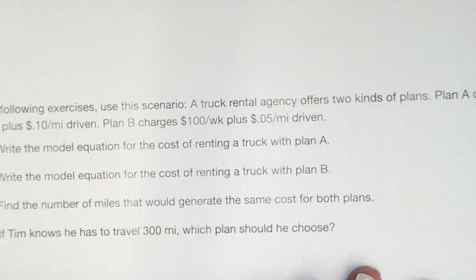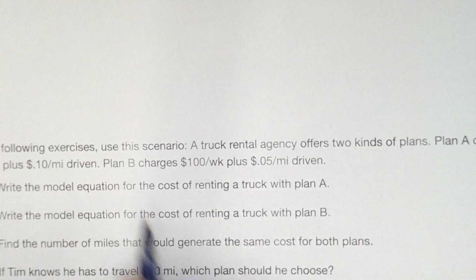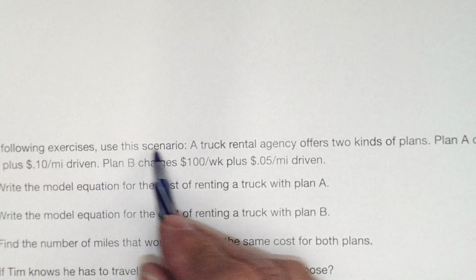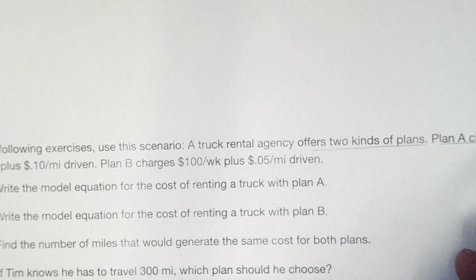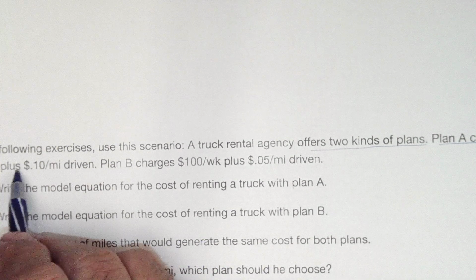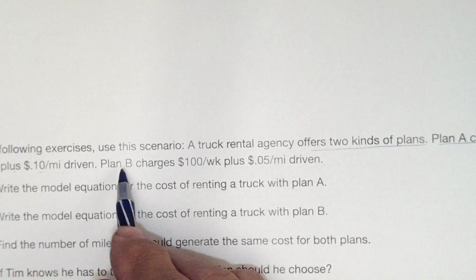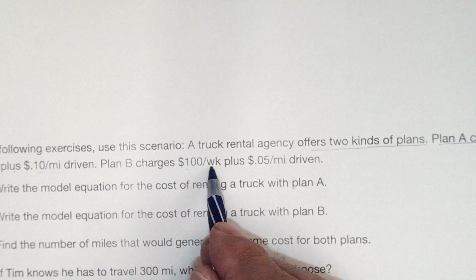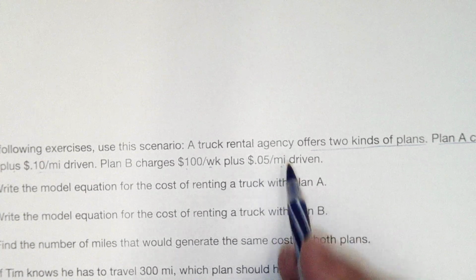And then this one. For the following exercise, a truck rental agency offers two kinds of plans. Plan A charges $75 a week plus 10 cents per mile. Plan B, $100 per week plus 5 cents per mile.